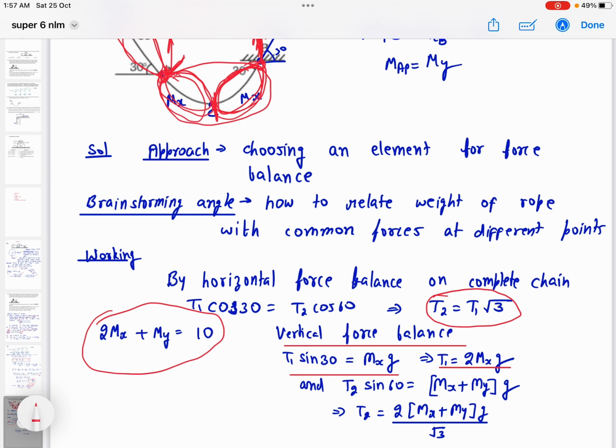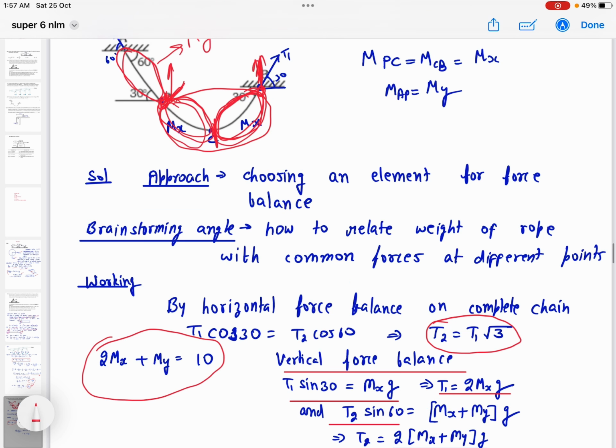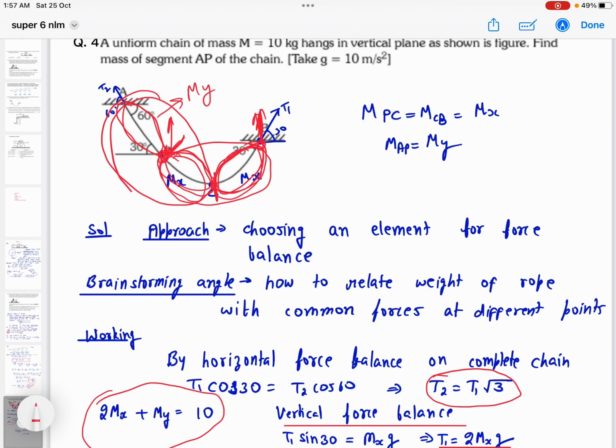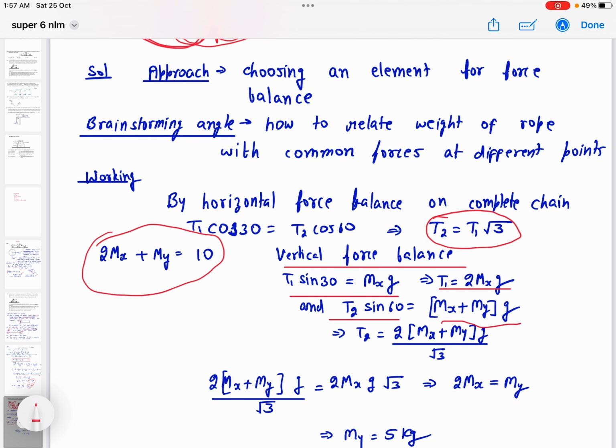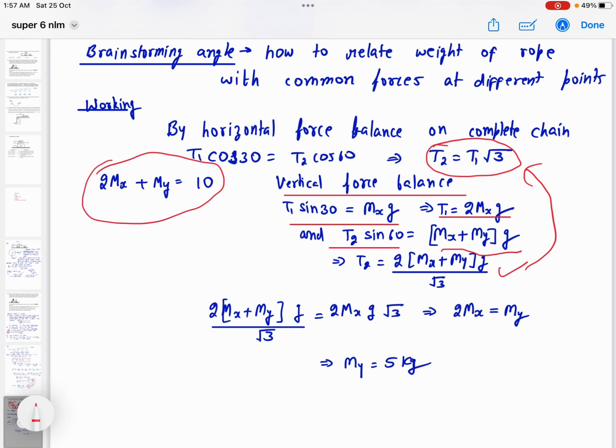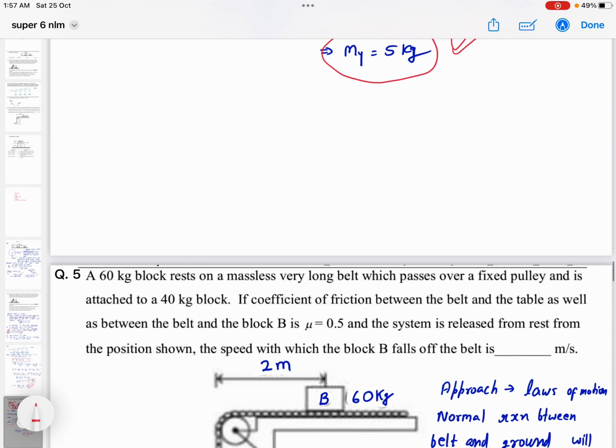Separately on the left part, the whole left part, you write vertical force balance: (mx plus my) into g. So you get T2. Now these T1 and T2 values will be substituted in this equation. We also have one equation, 2mx plus my is equal to 10, and I am solving this equation. What I am getting, beta, is my equal to 5 kg. So that is our question number 4.